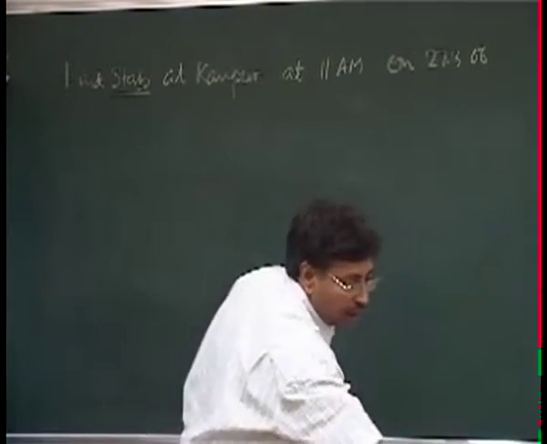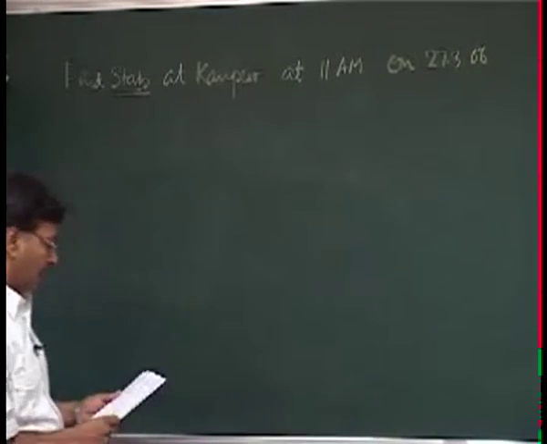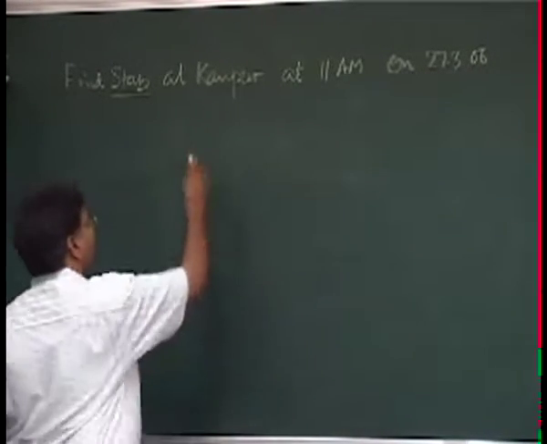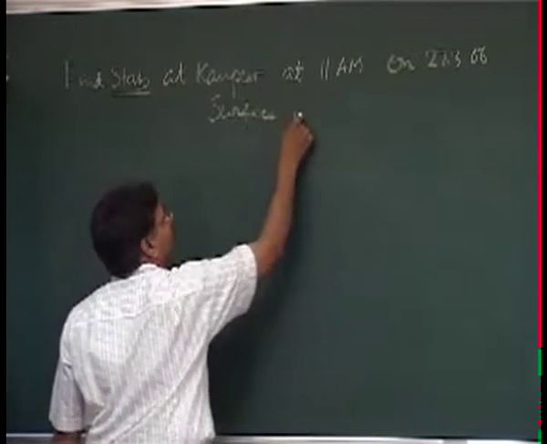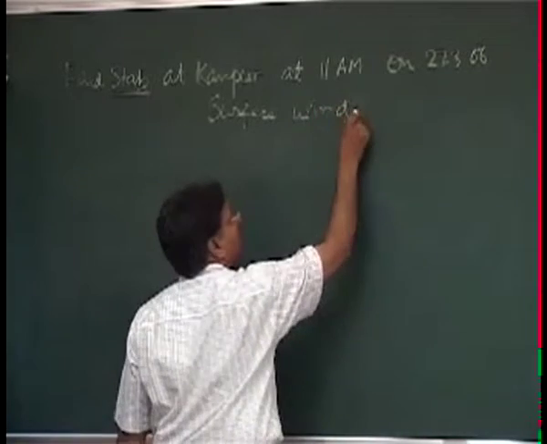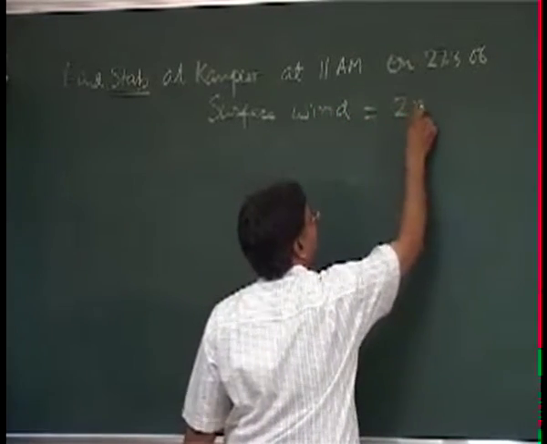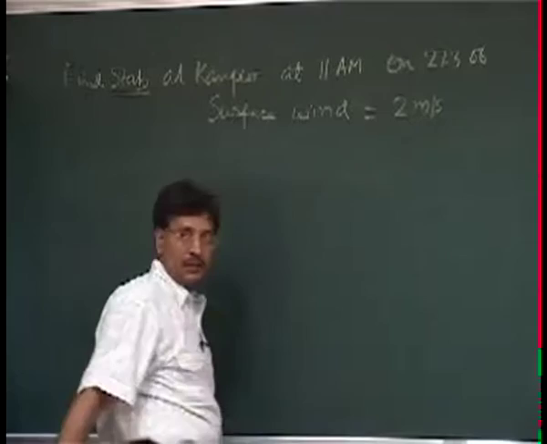I found out the longitude and latitude, and the other thing you have is the surface wind, which is 2 meters per second.